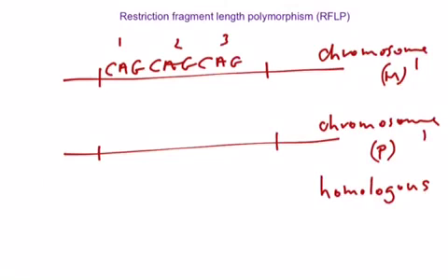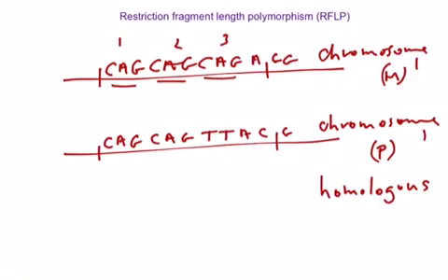Let's say on its homologous pair, we have 2 repeats of CAG, and then we move into a different sequence.